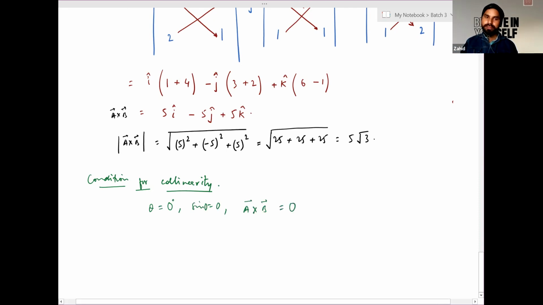Now if you put A cross B to be 0 and simplify it, you will get AX over BX equals AY over BY equals AZ over BZ. In last class, that is in class 10th, chapter number 3, linear equations in two variables, we learned three different conditions for a straight line or pair of straight lines.